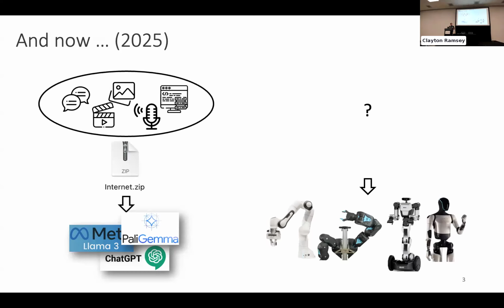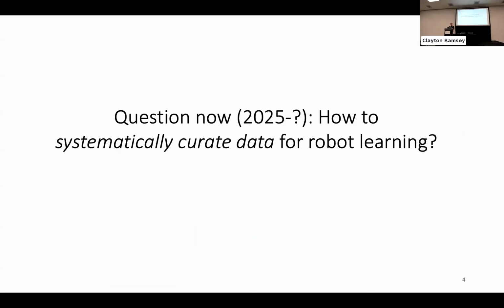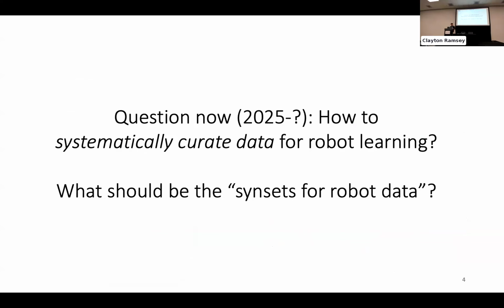We see a lot of efforts recently, like RoboTurk, DROID, RT-1, and Open X-Embodiment, to collect diverse robot interaction data. And they're all tackling the same analogous question, which is how should we systematically curate data for robot learning? And specifically, what should be the synset for robot data?